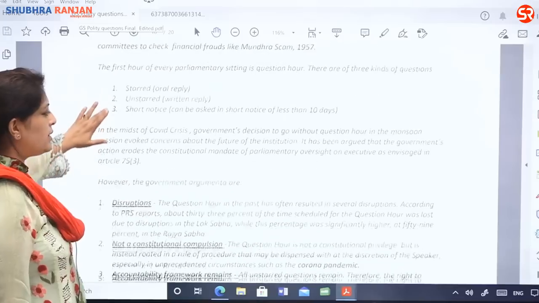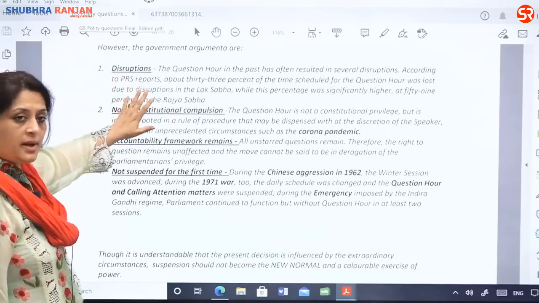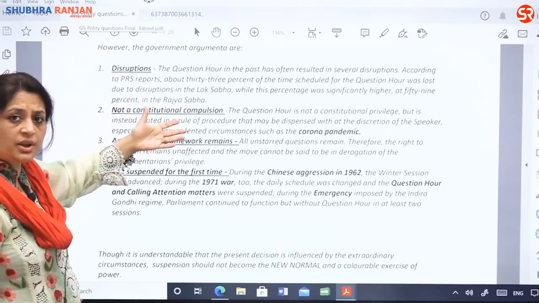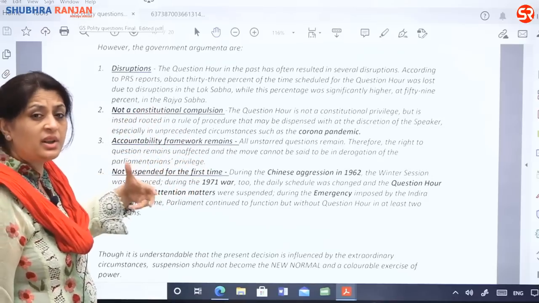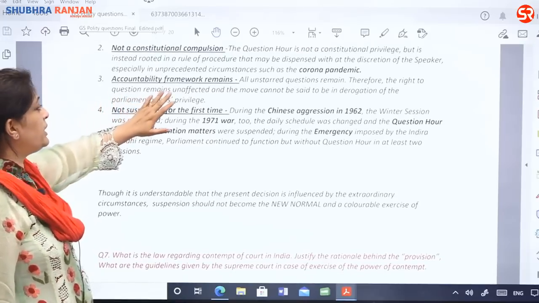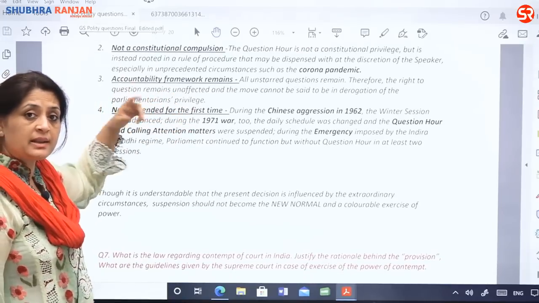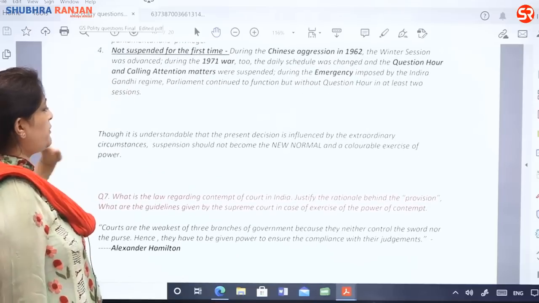Then the government's decision. However, the government's argument is disruption. Government says anyway question hour is hardly productive, and not a constitutional compulsion. It is a part of the rules of procedure and business. The accountability framework remains. MPs can still get the written answers, and it is not suspended for the first time.